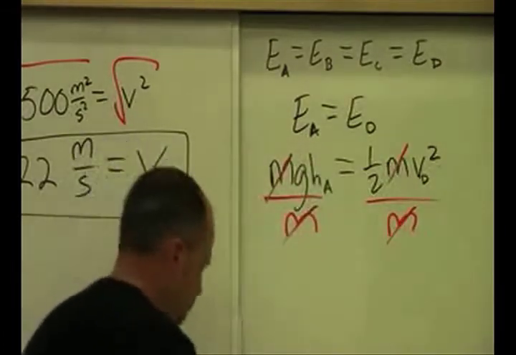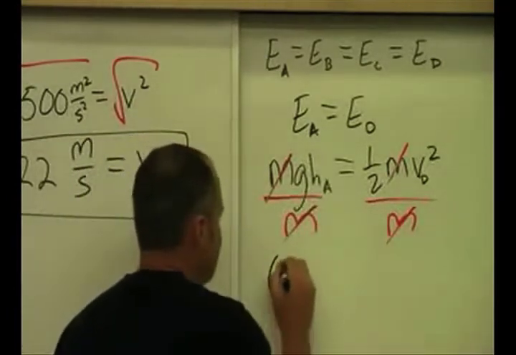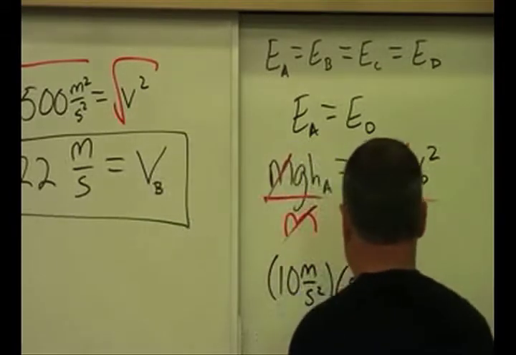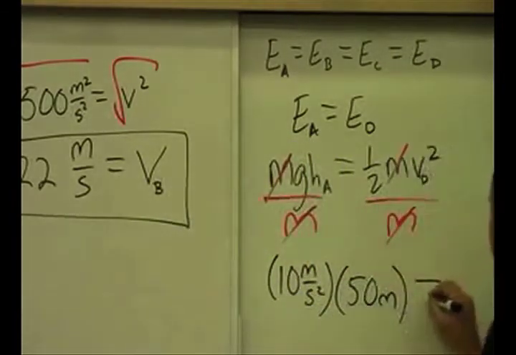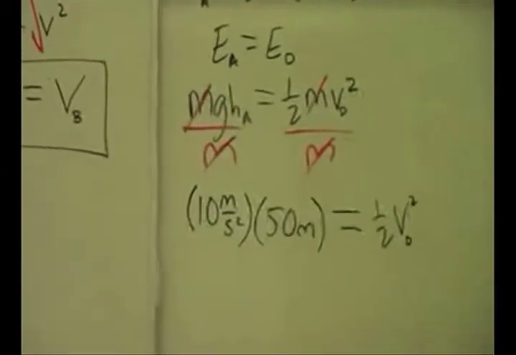And I'm just left with the 10 meters per second squared times the height at point A. And that's equal to 1/2 times the speed at point D squared.